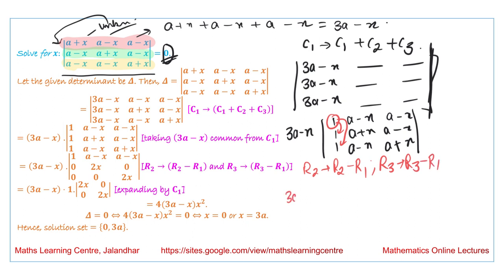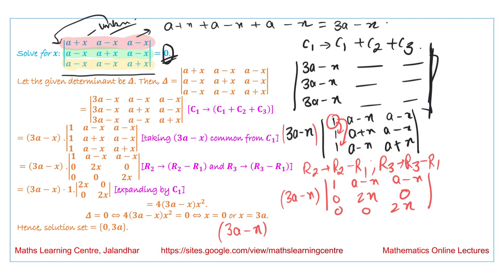So we are getting 3a minus x, and the determinant is 1, a minus x, a minus x, and these values will become 0, and over here we will get 2x, 0, 0 and 2x, and on opening this determinant we will get the answer 3a minus x into this value.